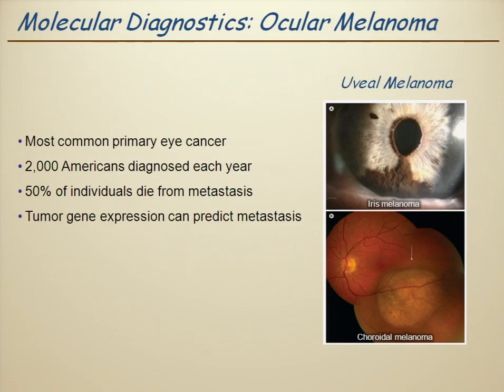Bad, bad, bad sign. That eye is in serious jeopardy. Or looking at the back of the eye, here is a tumor, a melanoma, a ball of melanoma growing underneath the retina. About 2,000 Americans will be newly diagnosed this year, and half of them are going to die from metastases.